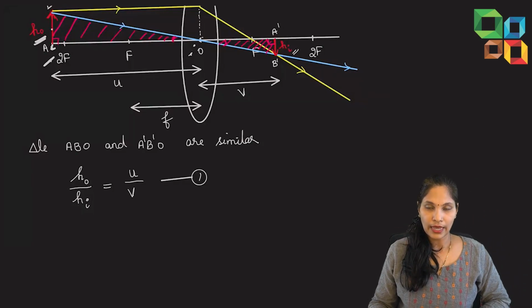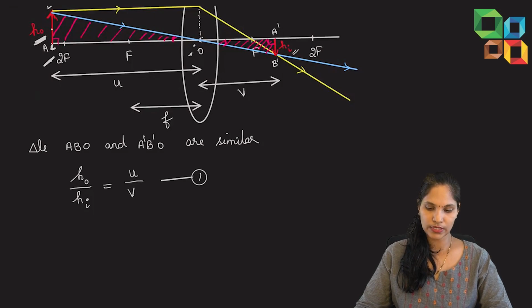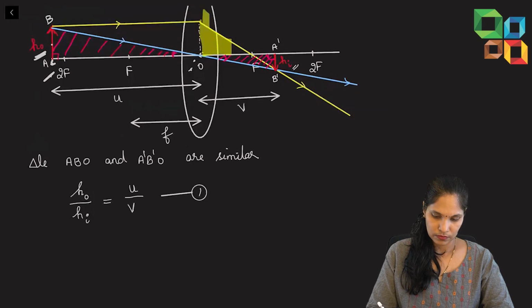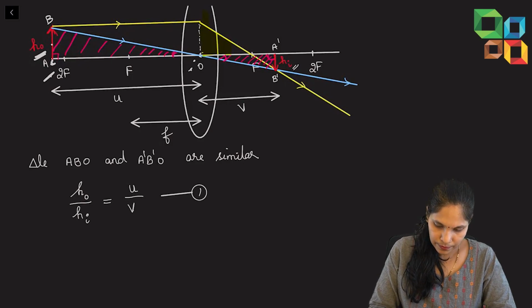Then I can see one more set of similar triangles. Which is that set? Let's see. You see the set now here. I shade it fully.